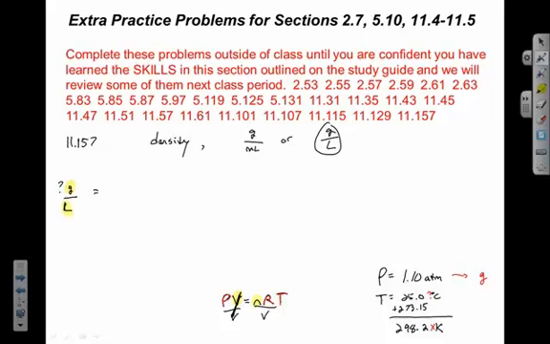And then I can divide both sides by RT. So that will cancel here. I'll have n over V equals P over RT. And so the point of doing that is because I recognize that moles over volume is very similar to what I want, which is grams over volume.